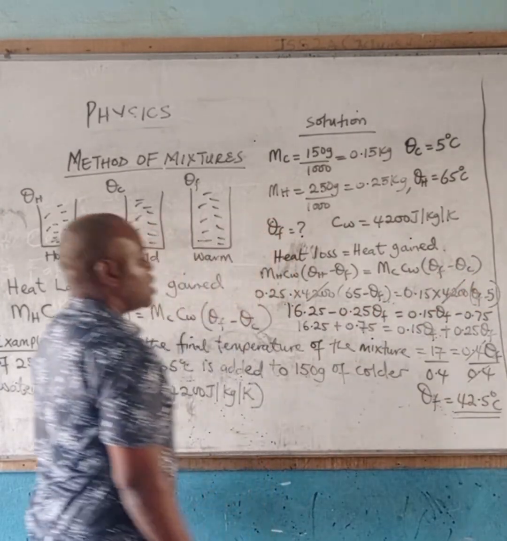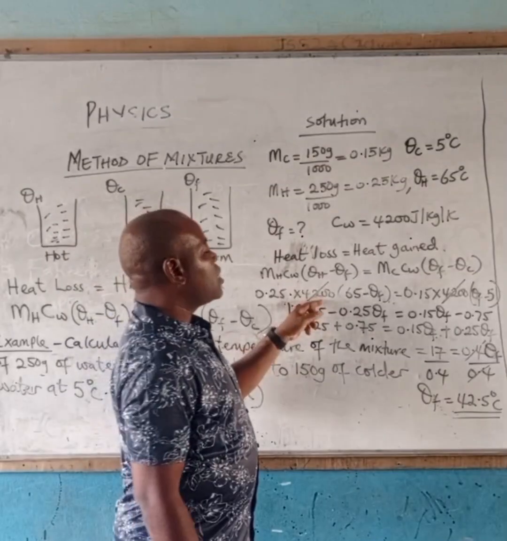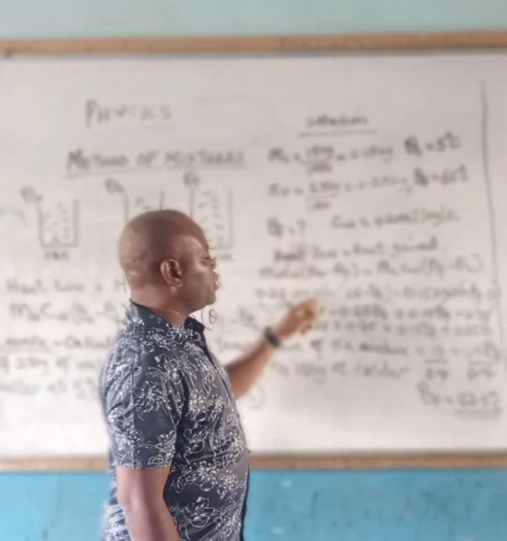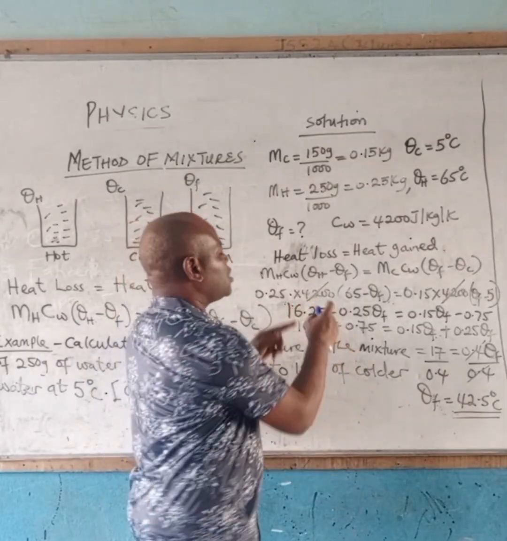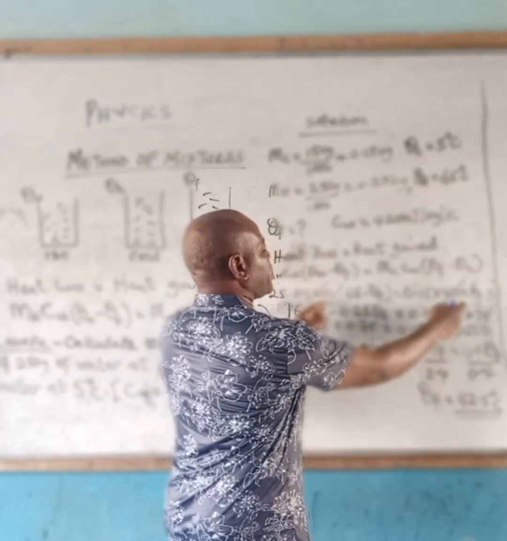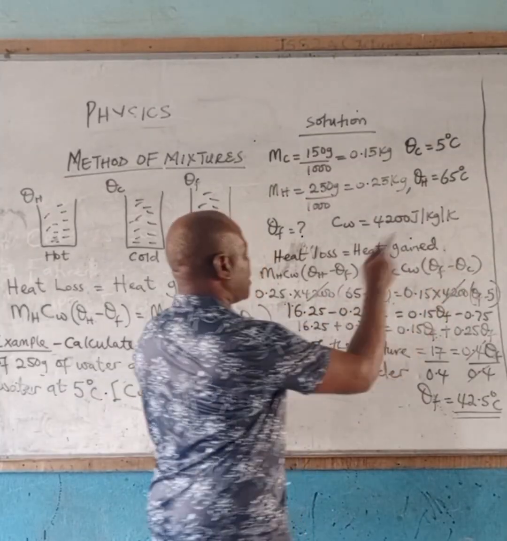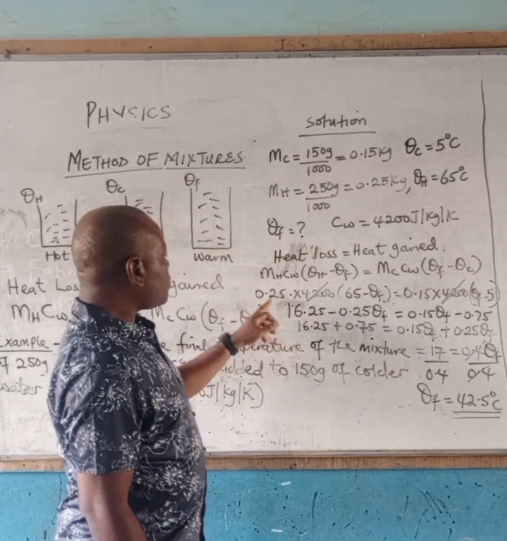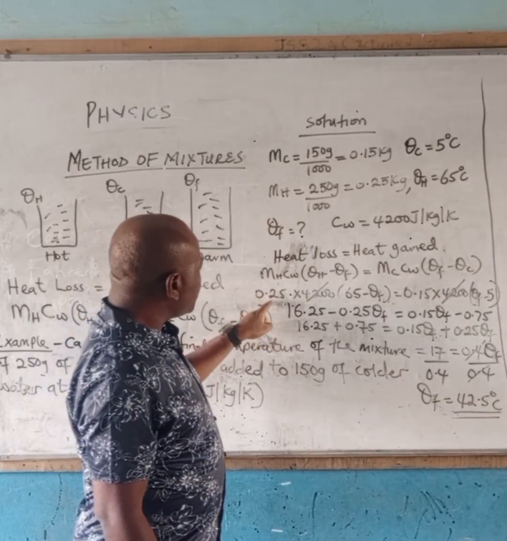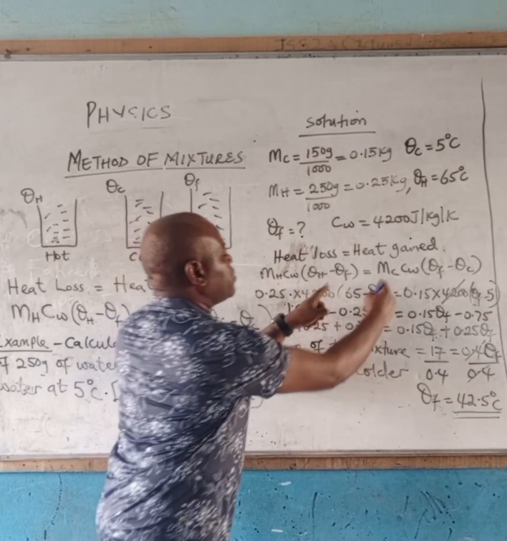Now we can strike out the specific heat capacity of water. Since both of them have specific heat capacity of water, you can strike them out, remove them, eliminate them. You are going to have 0.25. You open this bracket.